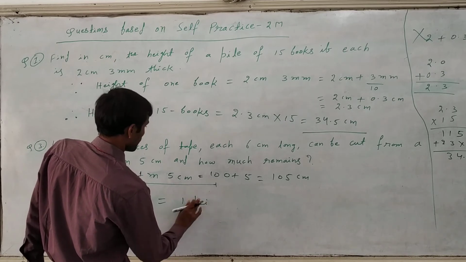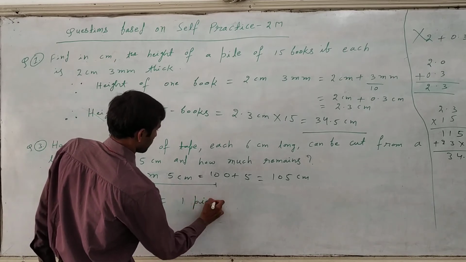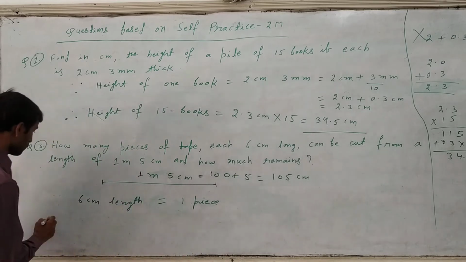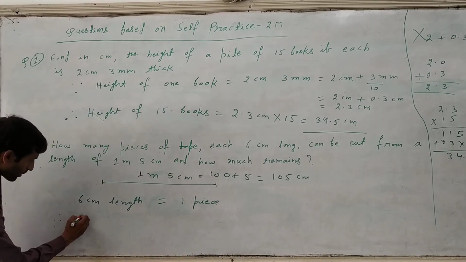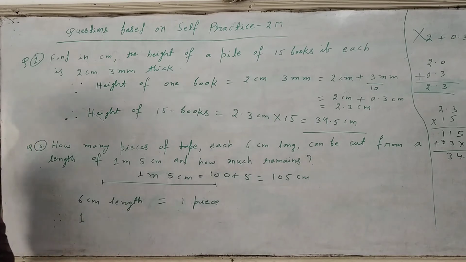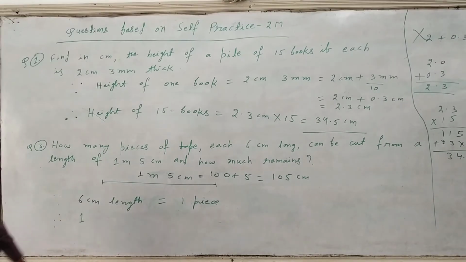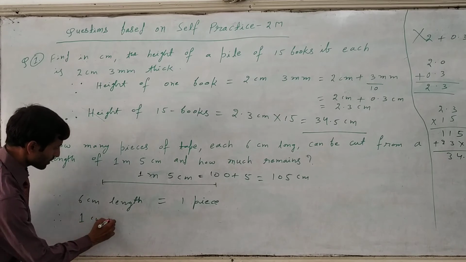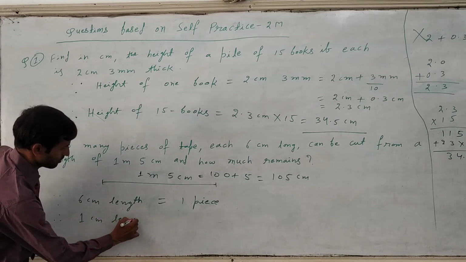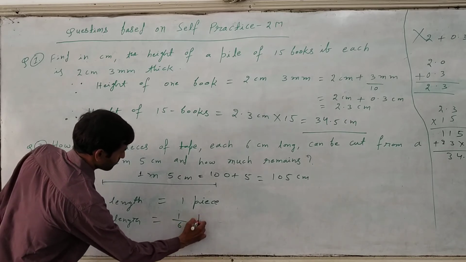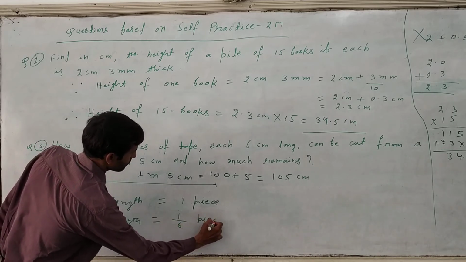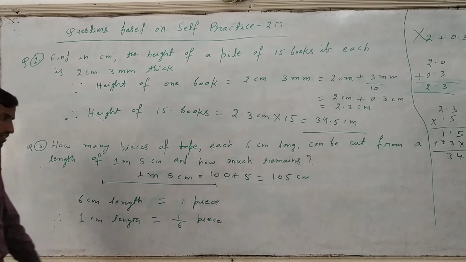Okay, 6 centimeter, 1 piece. So we have to find for 1, because we will apply the unity method. So for 1 centimeter, how many pieces can we make? We will divide 1 upon 6 like that. If you go for 1 centimeter, this much pieces.